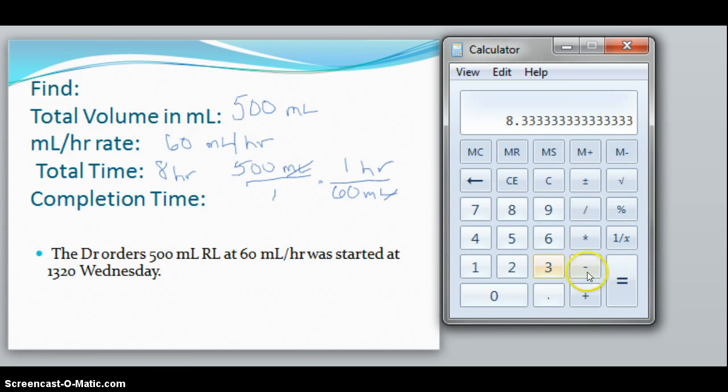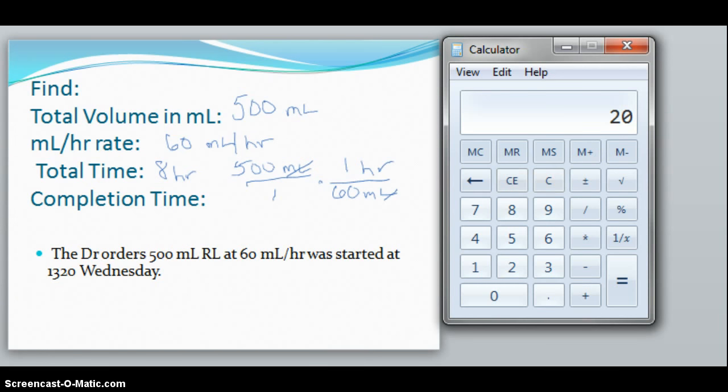I'm going to first off subtract 8. Hit equals. So now I just have the whole decimal. And then I know that an hour is 60 minutes, so I'm going to multiply by 60. And you see that I've converted that big long decimal into just 20 minutes.